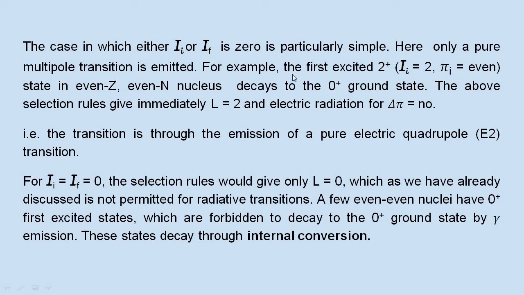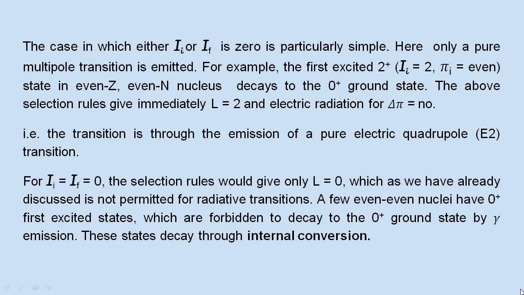For example, the first excited state, that means II equal to 2. That means the excited state is at I value 2, and as you know, this plus means parity is positive. That means delta pi is even. That means your parity is not changing in that quantity. How can you take parity as even? Minus 1 raised to L value you are normally considering for nuclei.